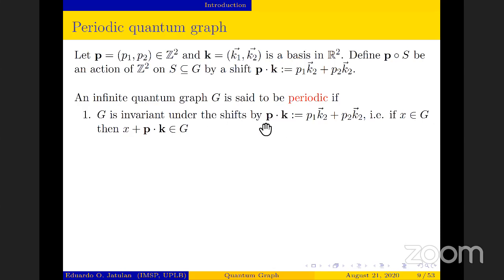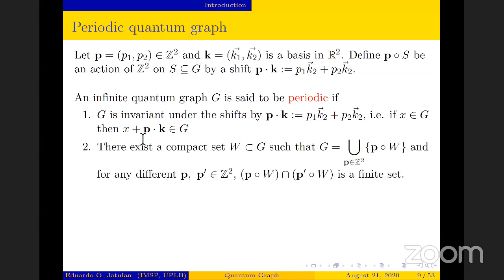It means that if we have a point in our graph G and we translate it using the shift, then it's still on the graph G. And another one, there exists a compact set W subset of our graph, such that if we translate this compact set via this shift, it will cover the whole graph.